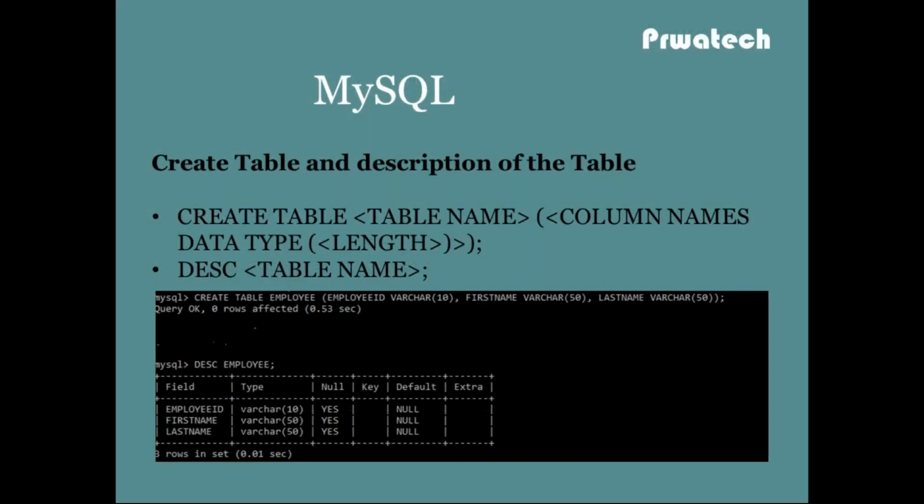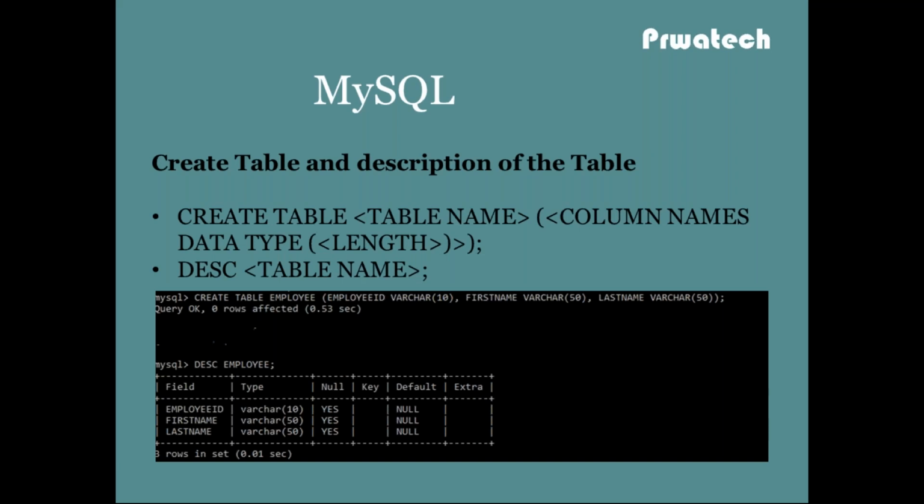Now let's check how to create a table and how to check the description of the table. In order to create a table, we use the syntax create table, then we put the table name according to our requirement or specifications, and then within brackets we write the name of the columns, and beside them we write the data type.